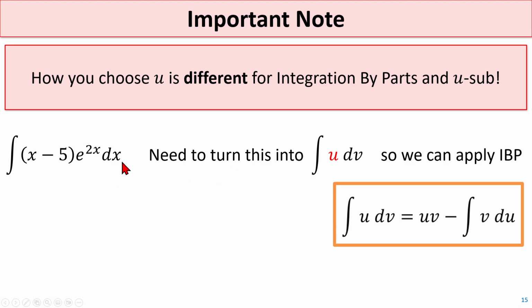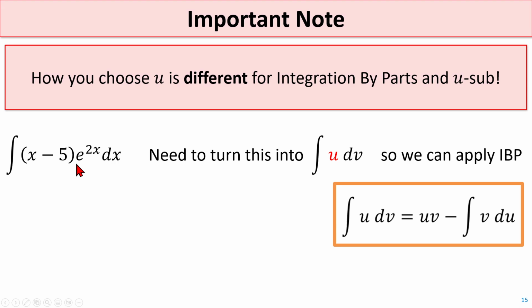Let me explain why. The reason is we're trying to turn this integral into the integral of u dv so that we can actually use this integration by parts formula. That means u needs to be an entire factor in our integrand.